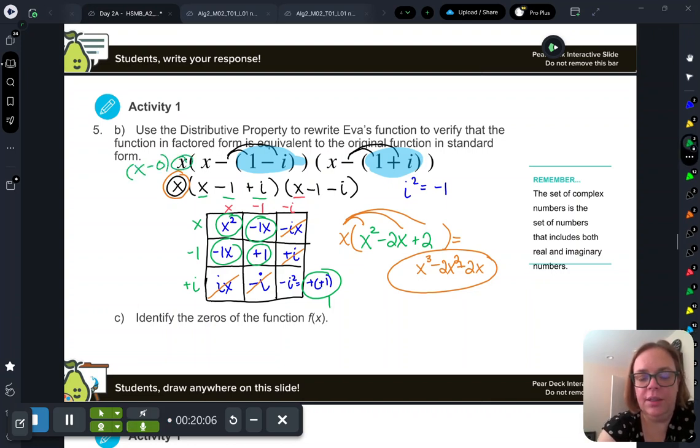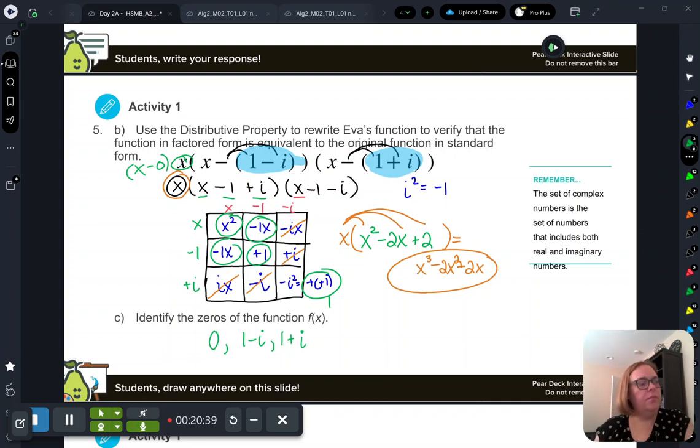So my zeros are 0, 1 minus i, and 1 plus i. So that's looking at complex numbers and the zeros being complex numbers. Now we can't graph those as x-intercepts at all. But we know that they exist.